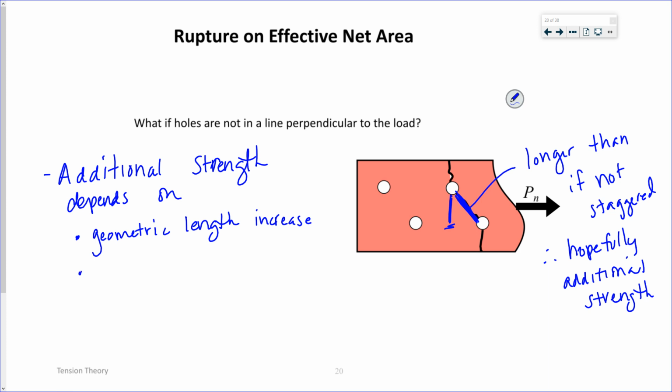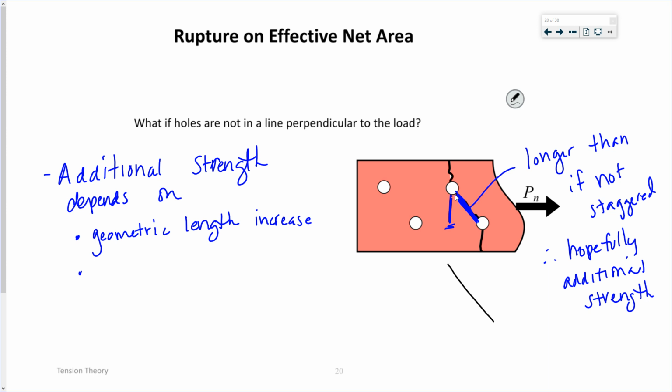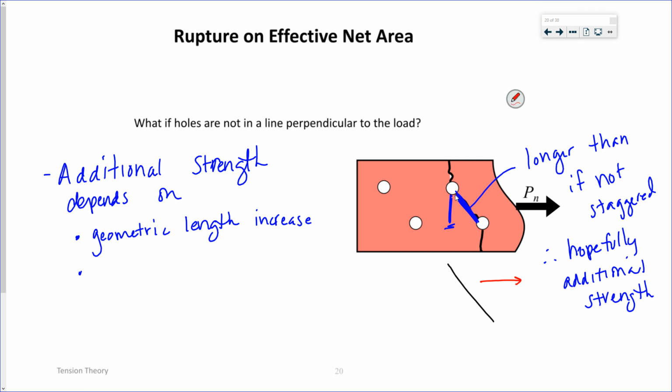And now, if you look at that fracture, if this is my fracture line, it's going to have to fracture along a diagonal, but my load is not perpendicular to it, it's at an angle to it.